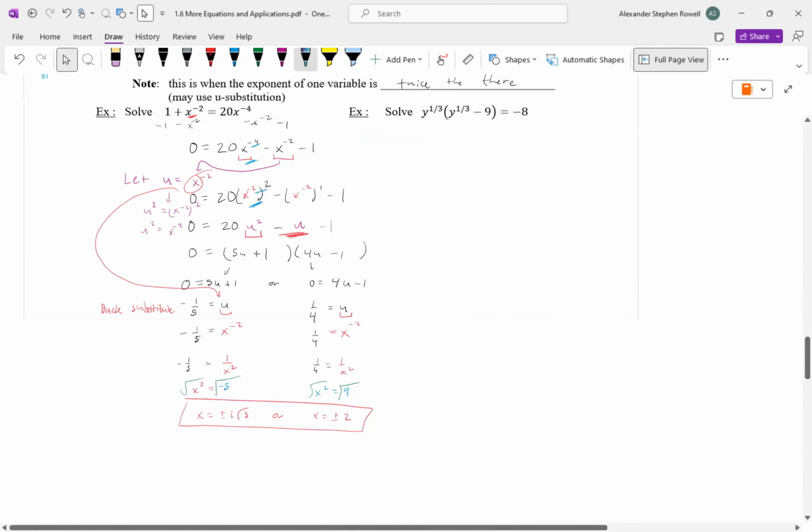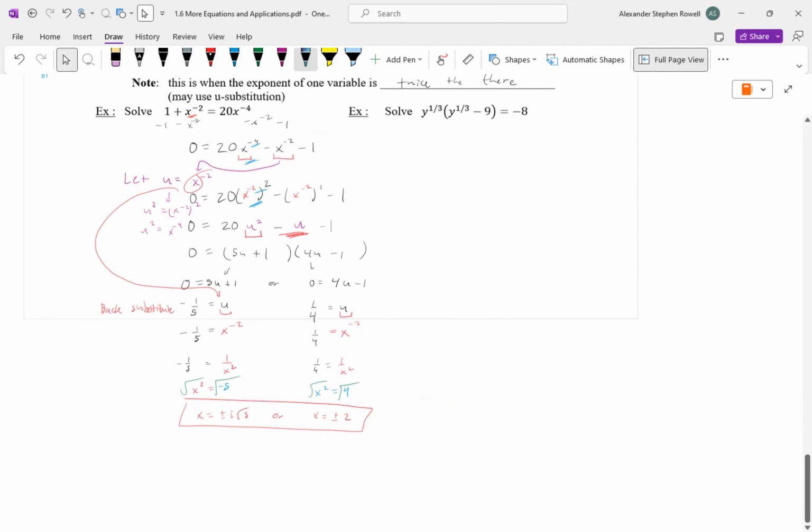Okay. I need to get to the absolute value problem. So I'm going to just start this problem out. y to the 2/3. If I distribute, minus 9y to the 1/3. And I'm going to add 8 to both sides. All right, notice that this is twice this exponent.